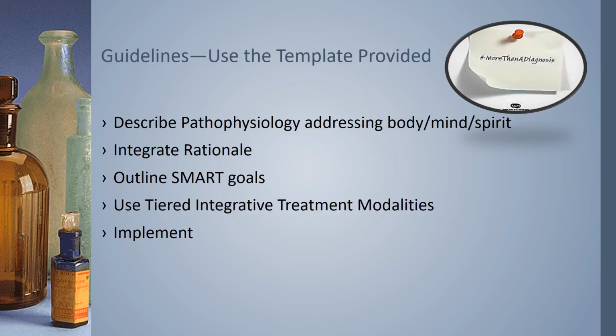Include evidence for each of those interventions in the tier using systematic reviews, review articles, clinical practice guidelines, research, etc. Your template allows for one intervention at each tier, so do not repeat tiers. In other words, do not have tier 1 and then another tier 1. You want to use a different therapy for each tier.